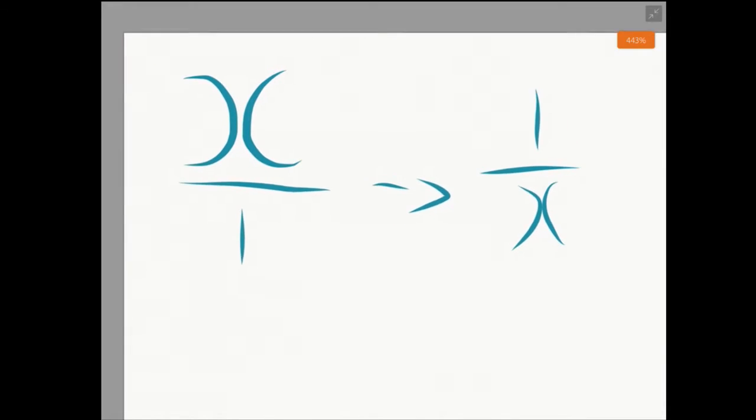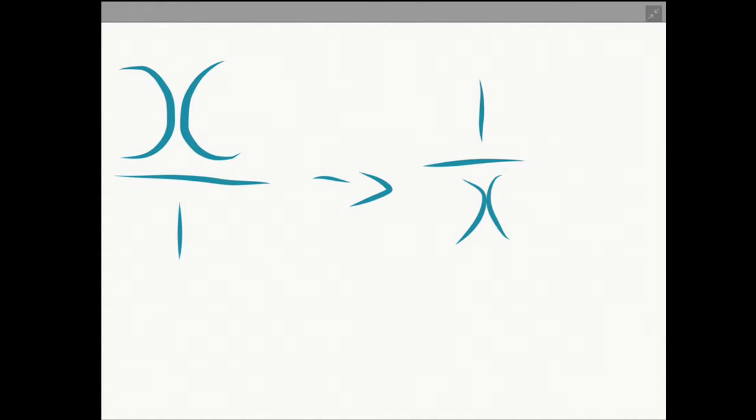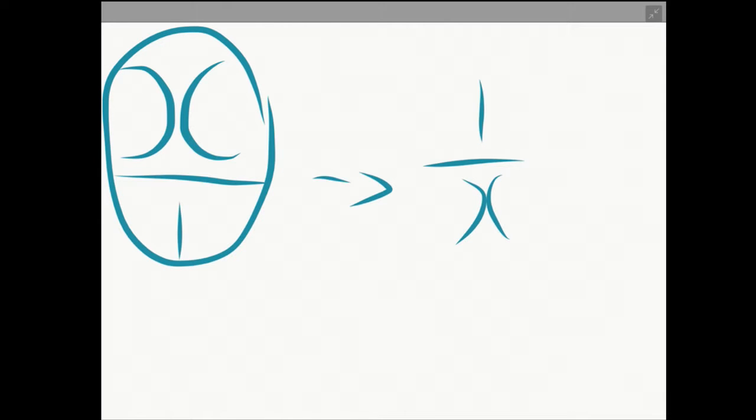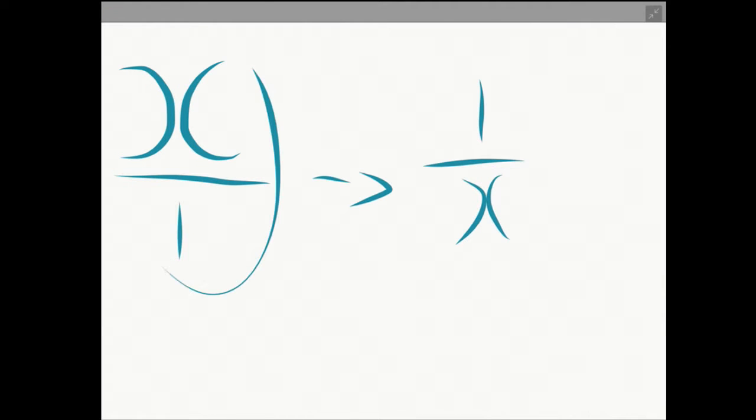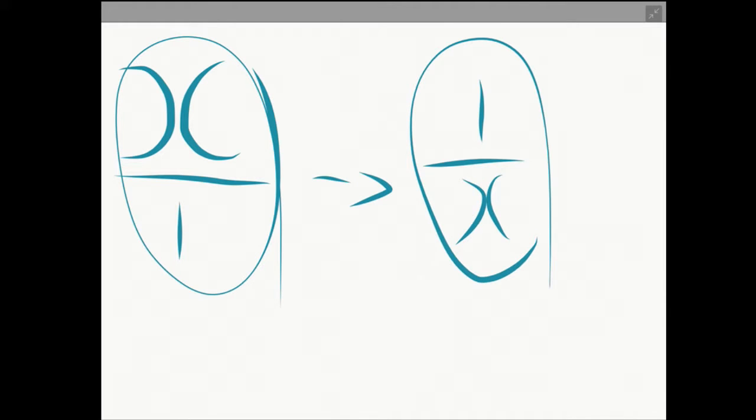And clearly, if x is a positive integer, or really positive anything, this value should be lower than this one, unless we start going to negative numbers and stuff.